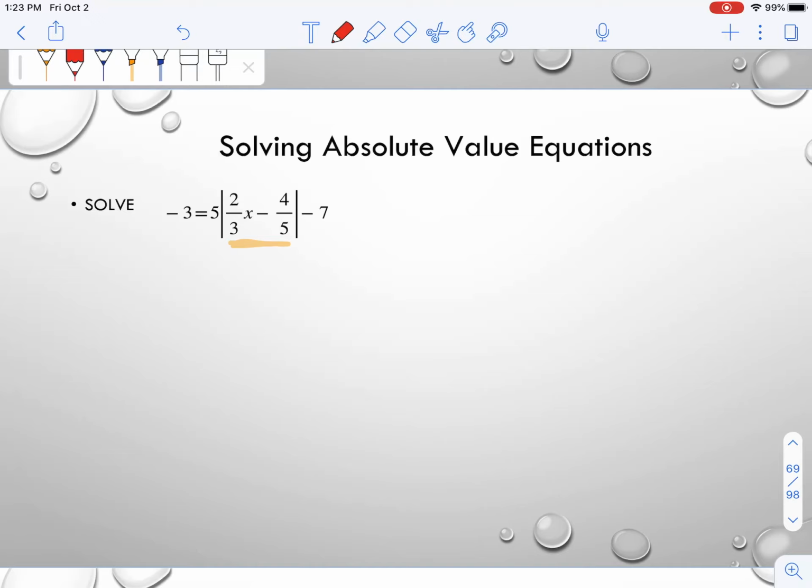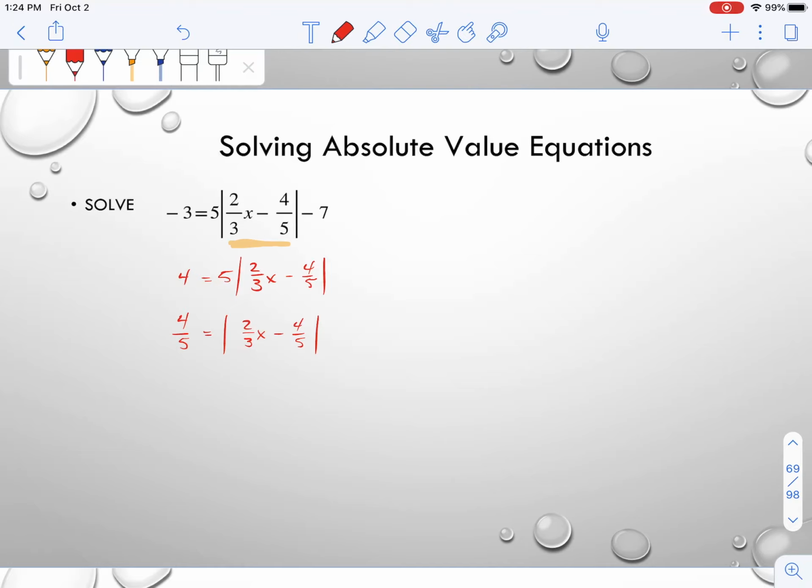So we're going to add 7 to both sides. This gives me 4 equals 5 times the absolute value of 2/3 x minus 4/5. I'm going to divide both sides by 5, which gives me 4/5 equals the absolute value of 2/3 x minus 4/5. Now I can split this into two cases.